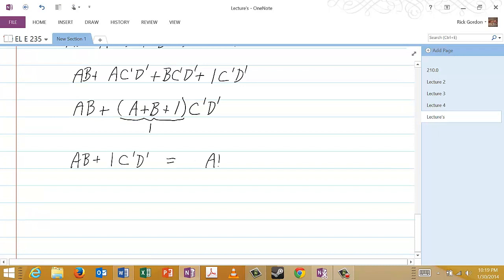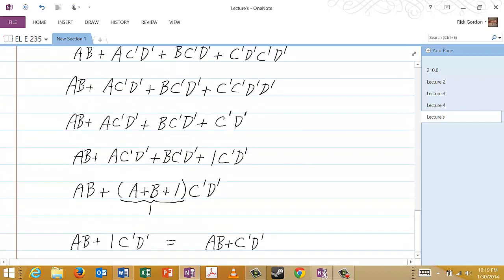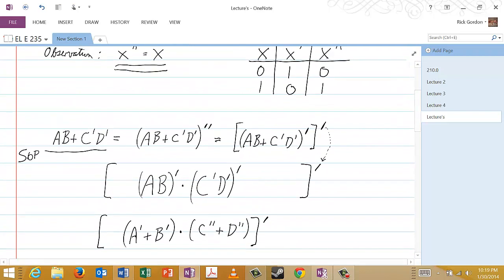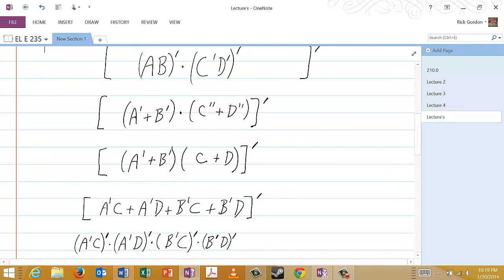So we get AB, or C complement D complement, just as we had up here at the very beginning. So that's the way to go from a sum of products form to a product of sums form, and then back from product of sums to sum of products.